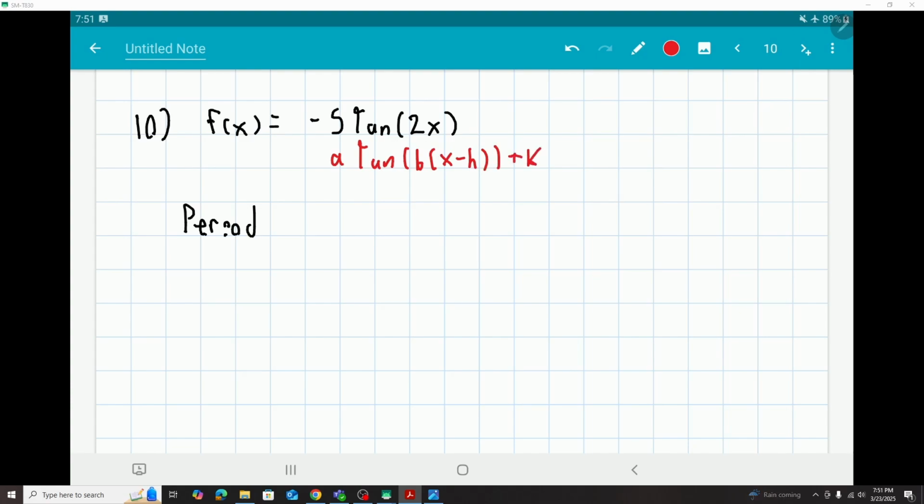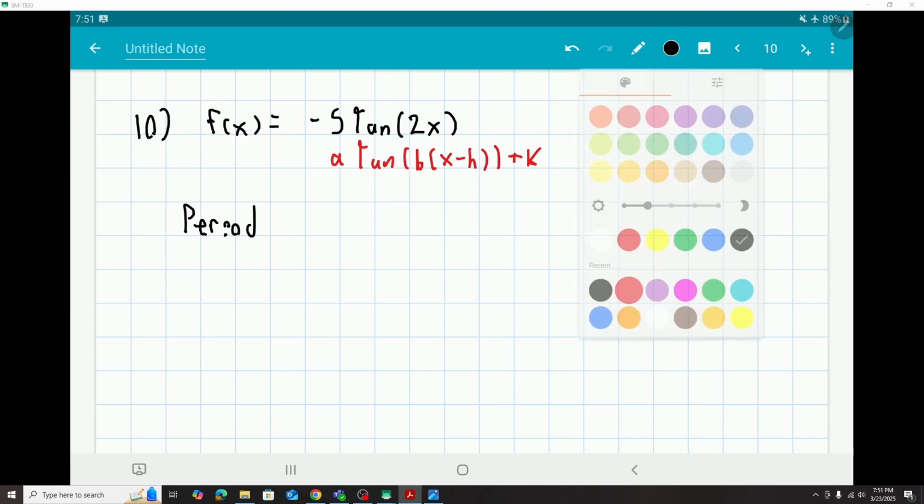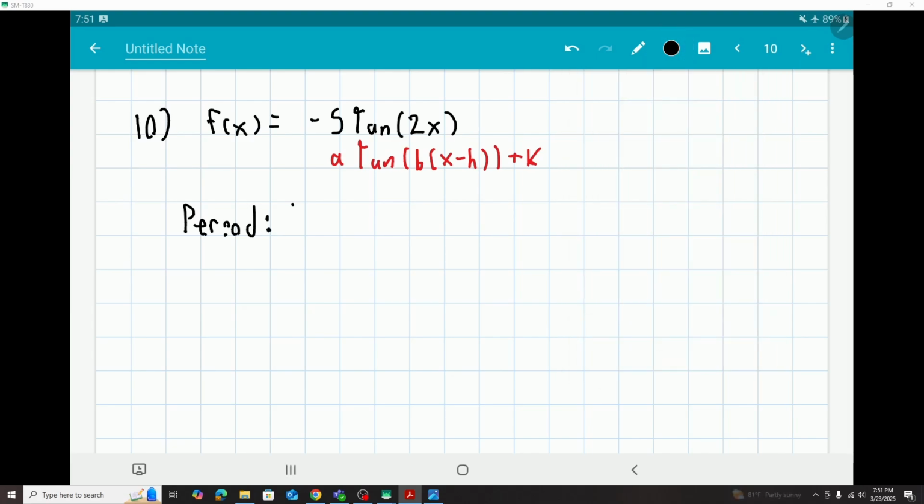That's our standard transformations. For tangent, the period is pi, not 2 pi. So you start with pi divided by b, which here is pi divided by 2, so we just get pi over 2.